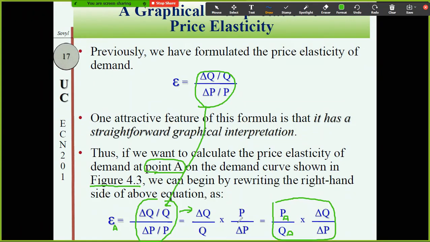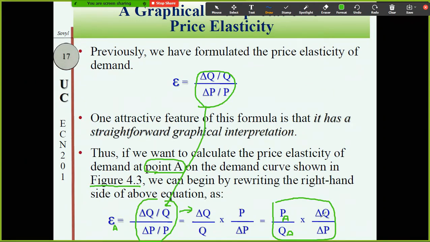Okay, so we got that one. We have a change on one side and no change on the other side, so I just change the order, or the location.